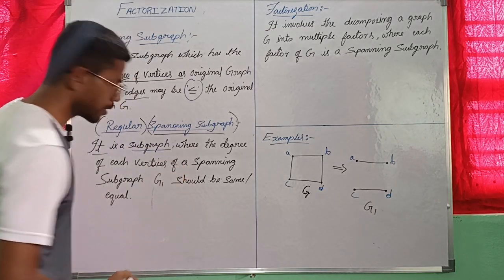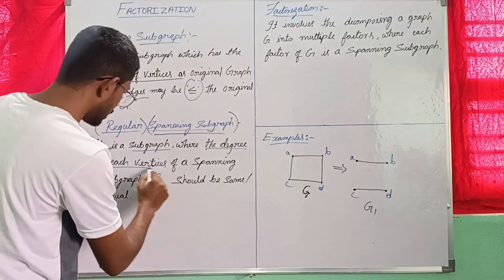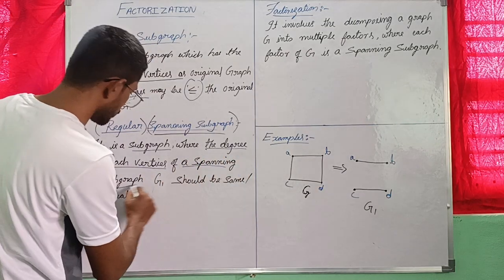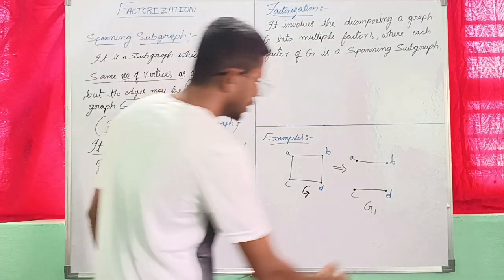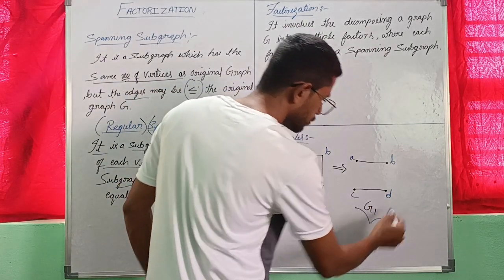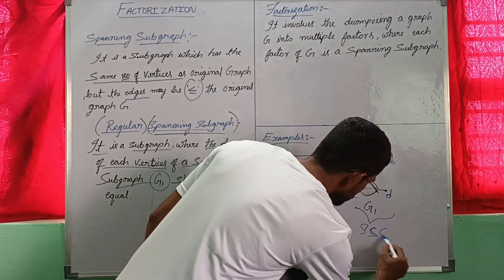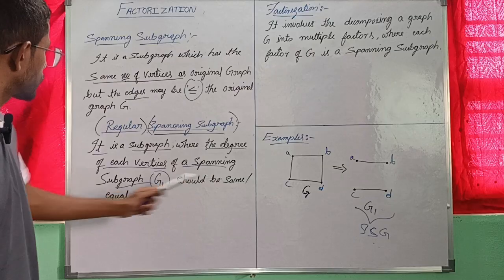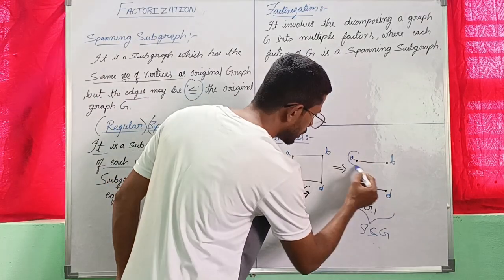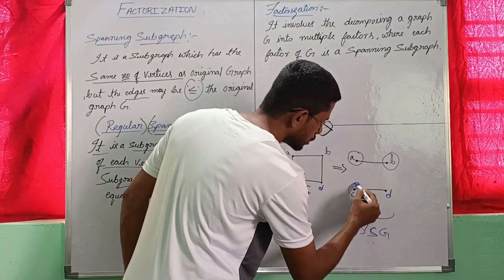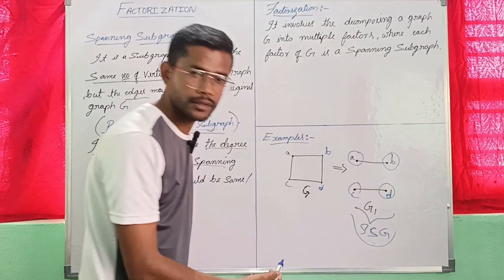It is a spanning subgraph where the degree of each vertex of the spanning subgraph G1 should be the same, right? Here, this is a spanning subgraph, and the degree of each vertex is the same.